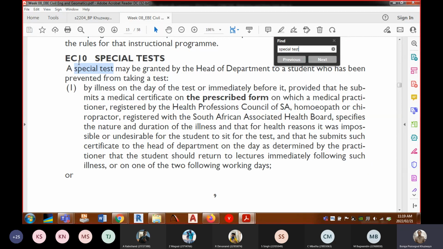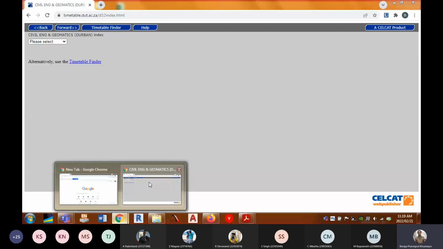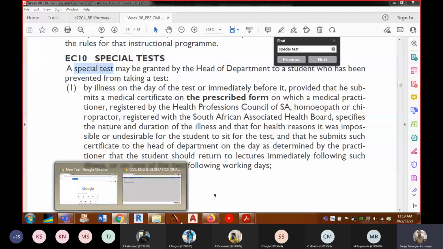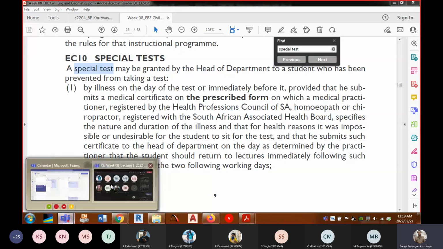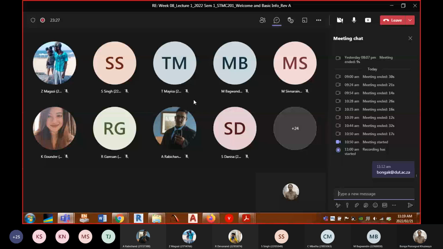So please make sure that you read the entire EC10. It's very, very important. In my case, for my module, I need to make it clear to you that if you miss a test, basically you will write a special test.